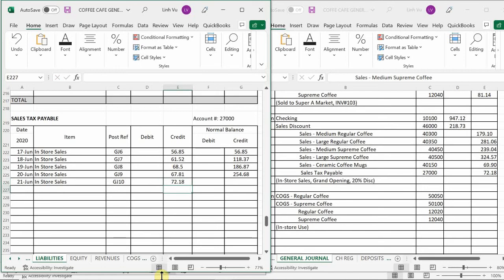Good. For how much? $326.86. Good. 326.86.